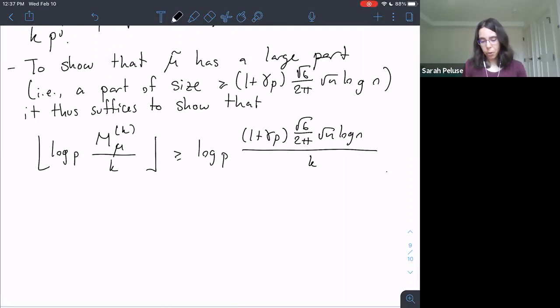So for suitable k, you basically just want to show that this capital M statistic is a bit larger than this expected size of the largest part in a random partition.